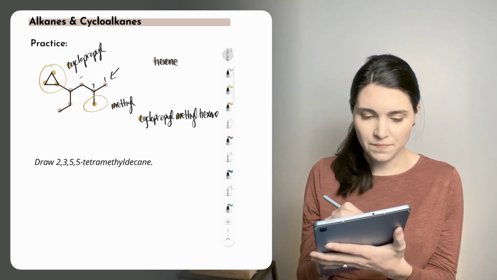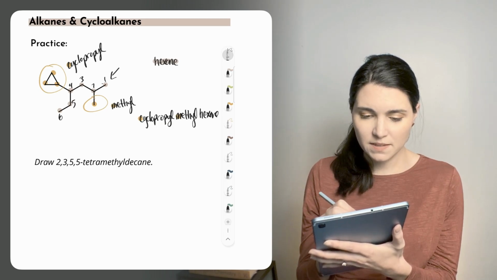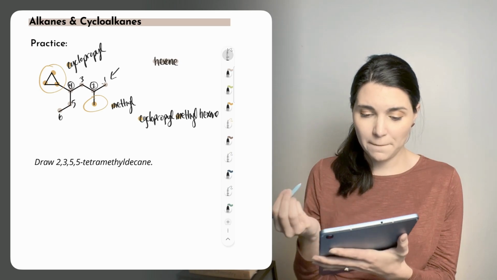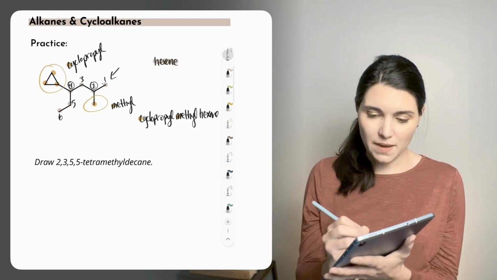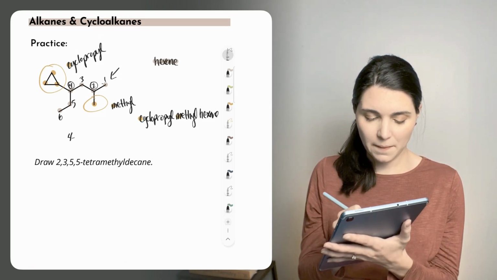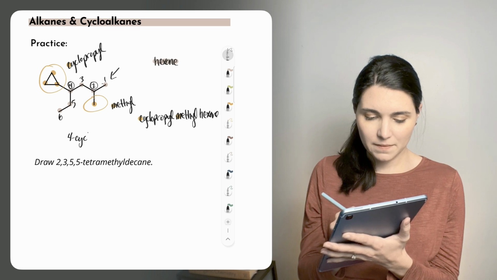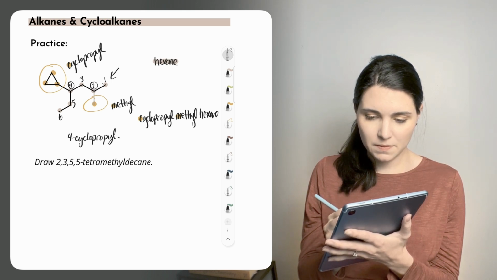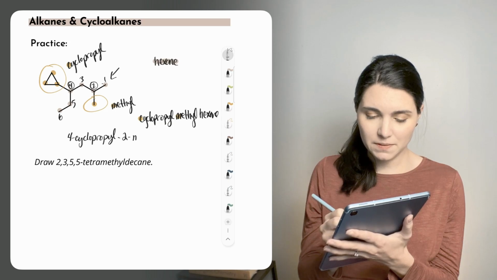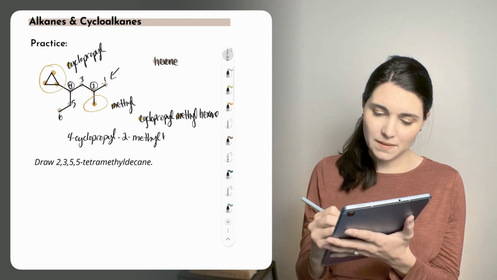So 1, 2, 3, 4, 5, and 6. So our numbers are 2 and 4. So we're going to add those in. 4-cyclopropyl, 2-methylhexane.